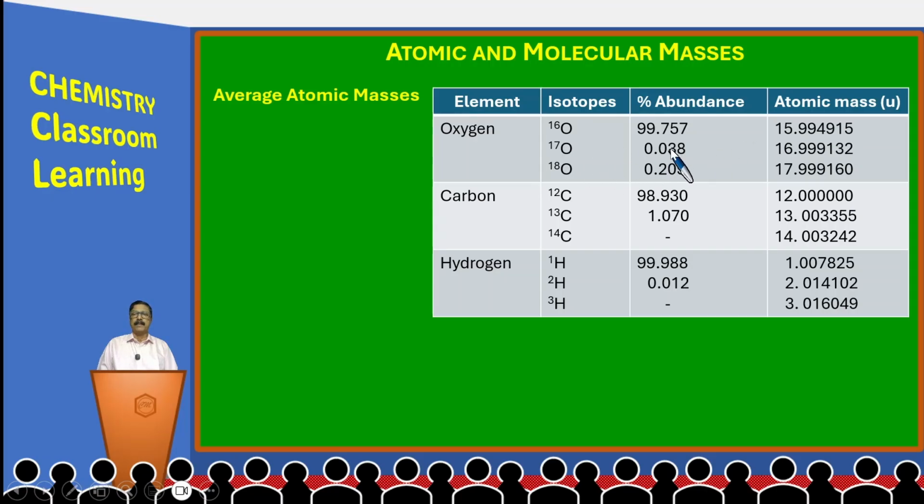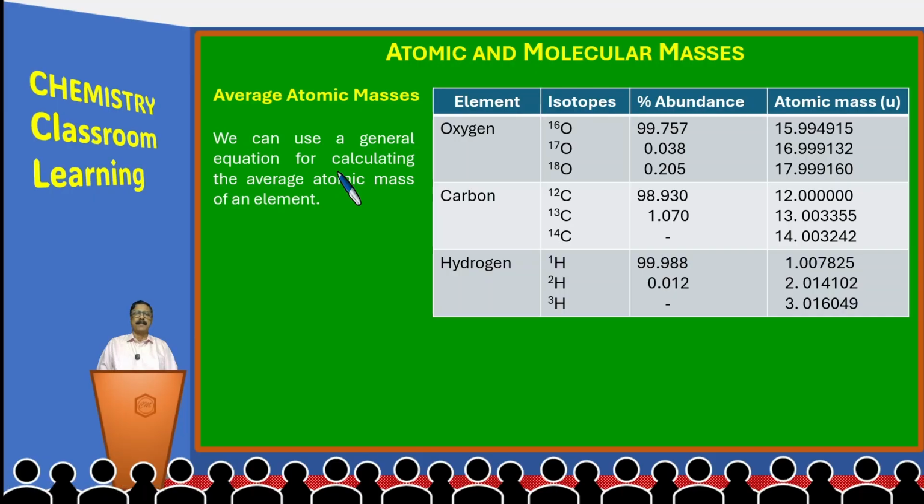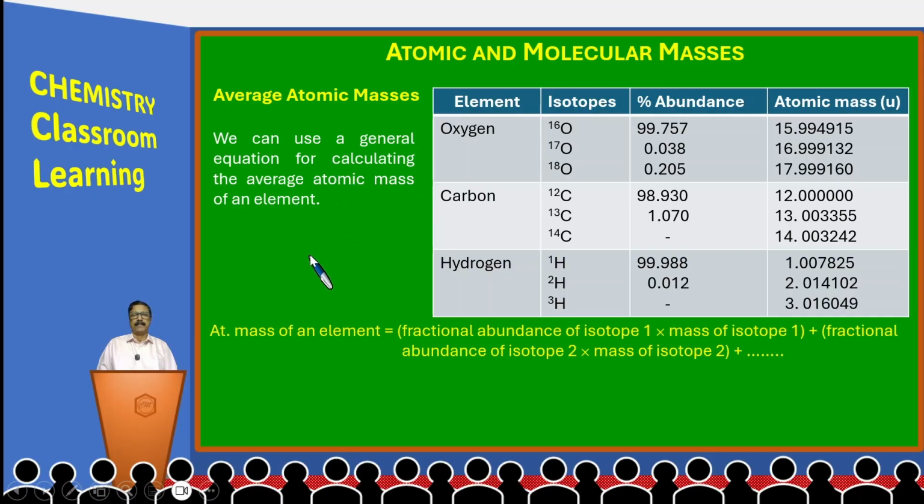Oxygen 17, the percentage abundance is very low, 0.038, and for oxygen 18 it is 0.205. We can use a general equation for calculating the average atomic mass of an element.